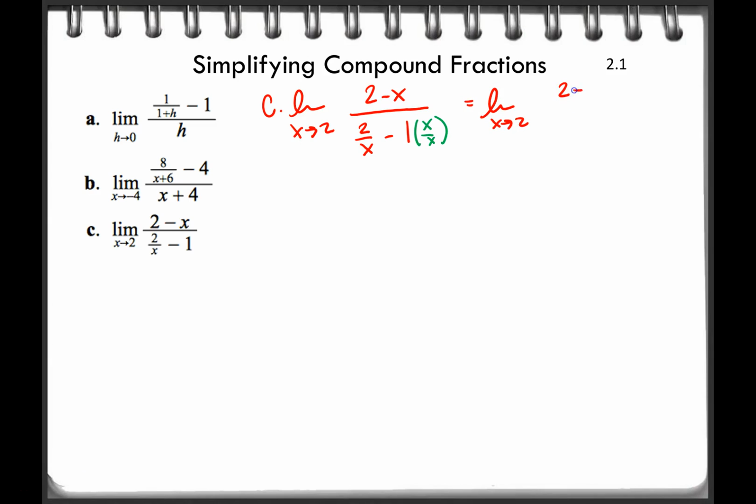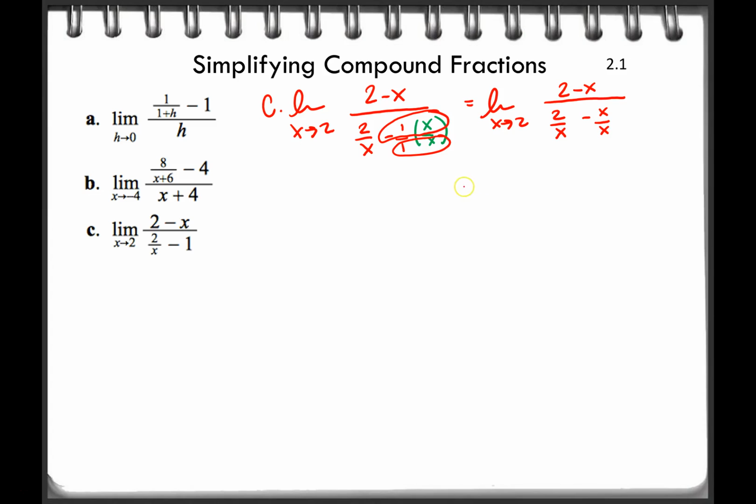My numerator stays the same. And I'm left with 2 over x minus x over x. And if you're confused about that fraction multiplication, you could just write this as negative 1 over 1, or just minus 1 over 1, and you would be doing negative x times 1 over x, right?